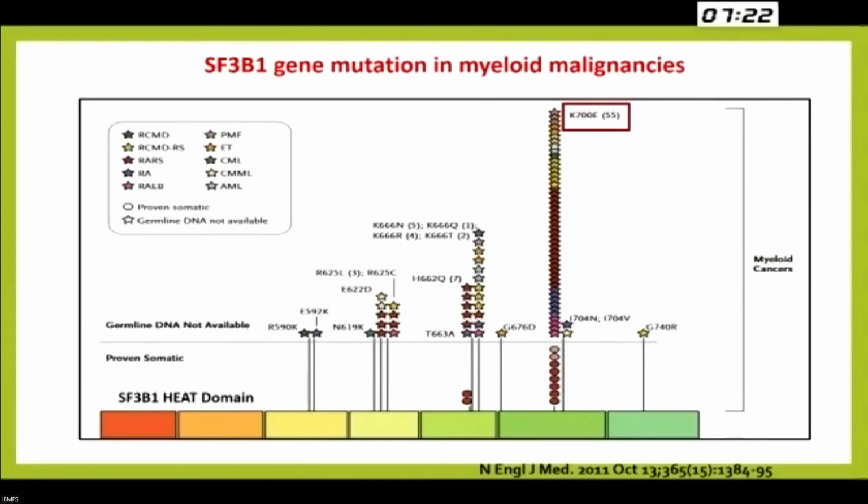And the median duration to the evolution to AML is the longest in this. You can look at the various hotspots that are seen in SF3B1 gene mutation in myeloid malignancies, including myelodysplasia. And K700E is the most common, in 55% of the patients, followed by K666N and R.